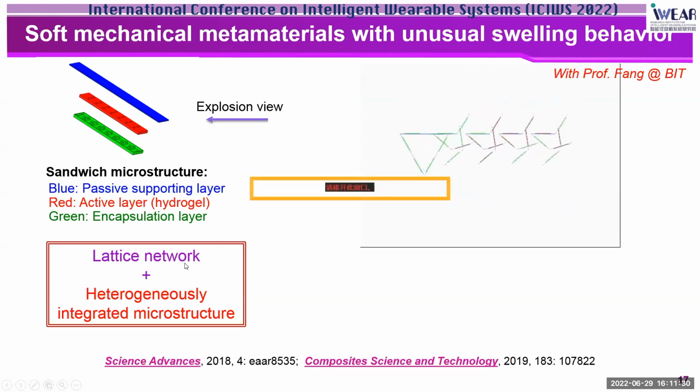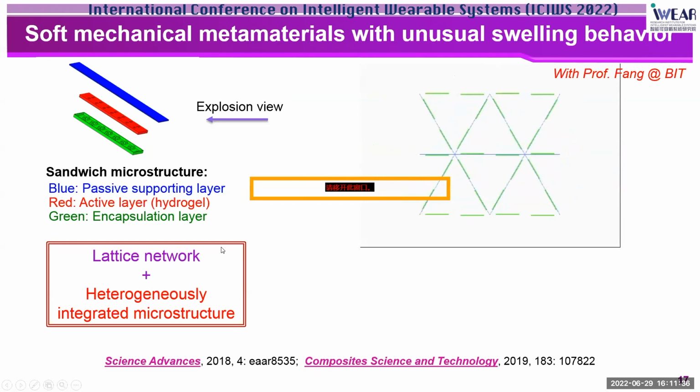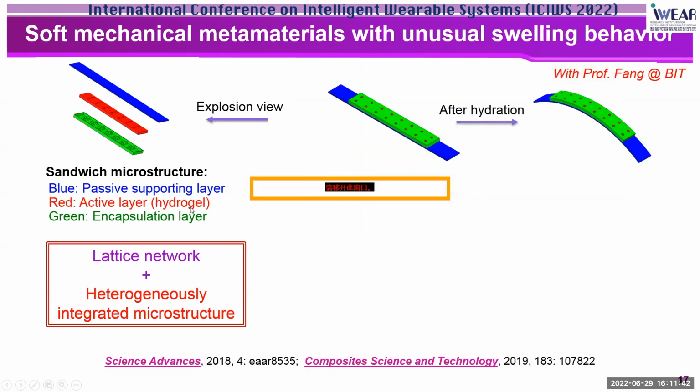In particular, we want to devise a filamentary microstructure that shrinks during water absorption. And this drives us to look into this sandwiched microstructure with a passive layer to serve as a support and a very thin encapsulation layer to ensure a good interface between the hydrogel and the polymer support. And this kind of sandwich design can easily transform the swelling of hydrogel into bending deformations.